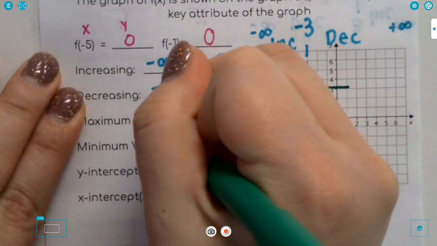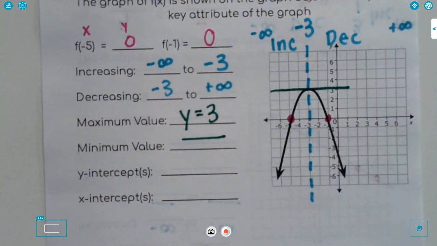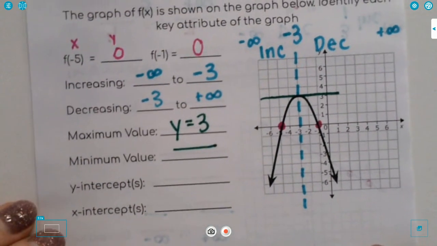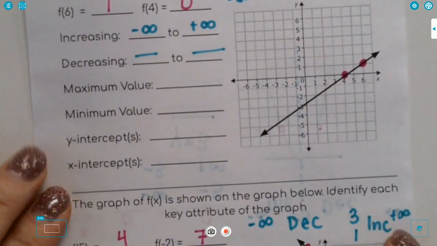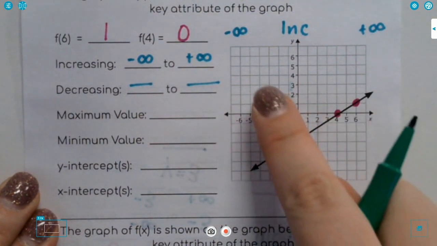We have no minimum, so we'll just cross that off. Flipping this over.